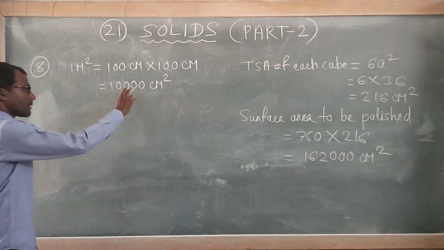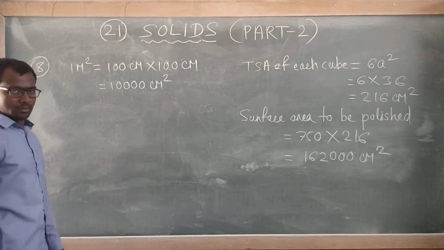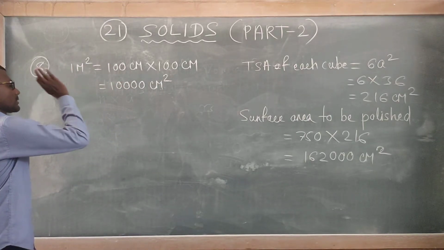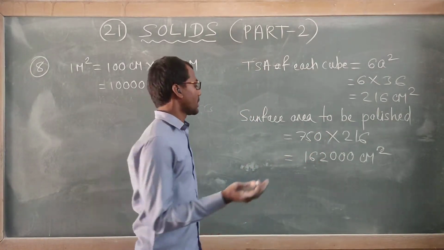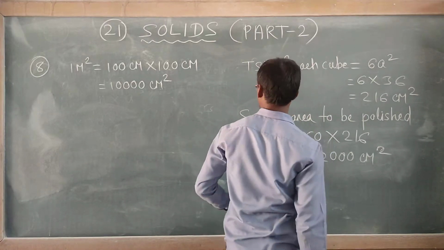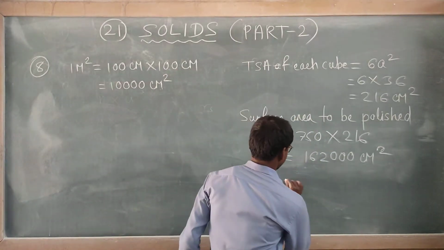So 162,000 square cm equals how many square meter? Divided by 10,000.